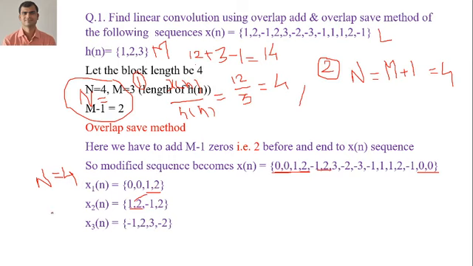Then similarly for x3n, again we have taken minus 1 2, then 3 minus 2, then 3 minus 1, then 1 1. Then for x6 of n, 1 1 2 1, and for x7 of n, the last sequence is 2 minus 1 0 0.